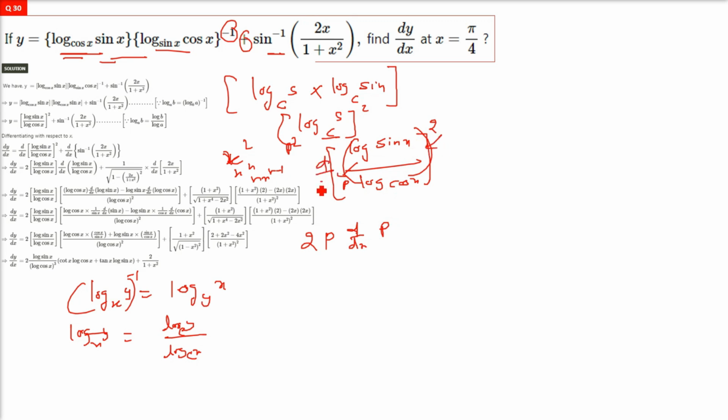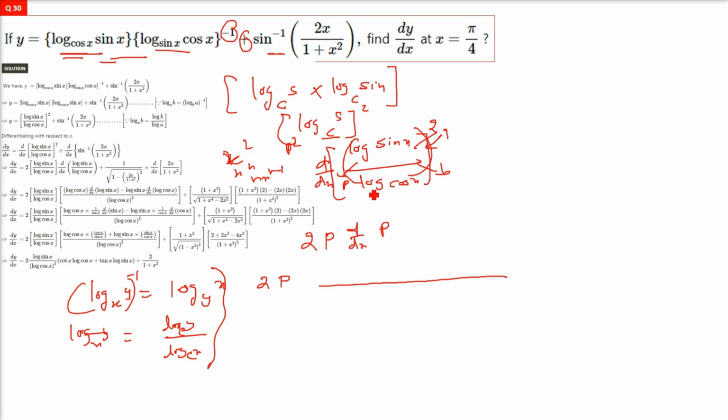So if I have to do the differentiation of this, it is to be done using the quotient rule. It is a by b. A is log sin x, b is log cos x. If we assume it to be some p, which is actually a by b, we have to do it by the quotient rule. So I am going to differentiate it and then write it.